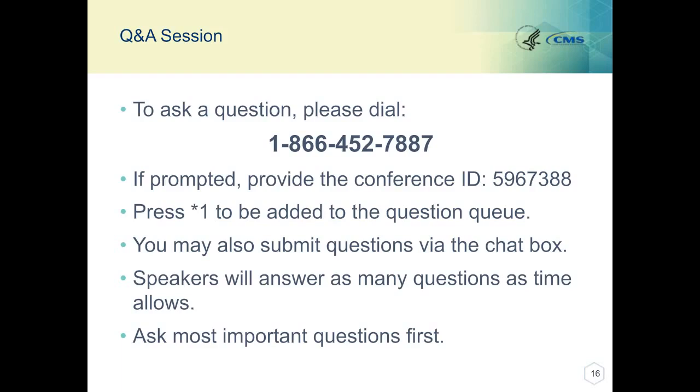Sure. This is Deb. A couple of things to keep in mind. Both PREV 12, the depression screening measure, and MH1 are stewarded by different measure developers, and the intent of the measures is different. The PREV 12 measure is intended for everyone to be screened for depression so that they can start to look at potential follow-up care.